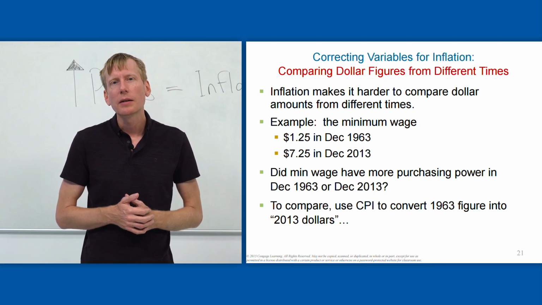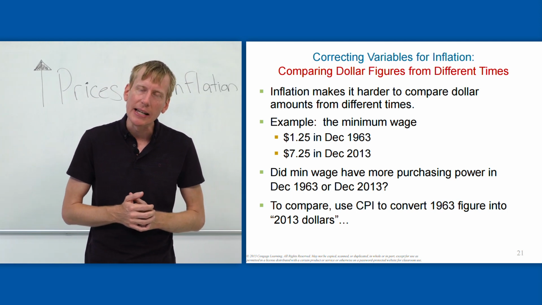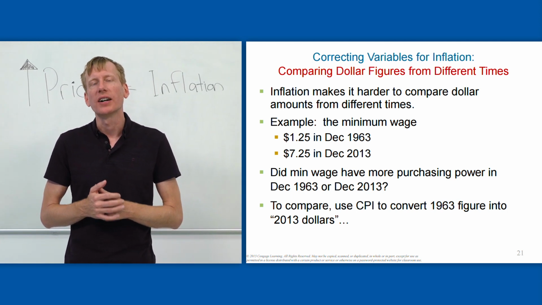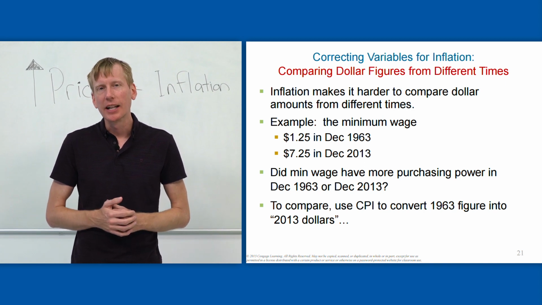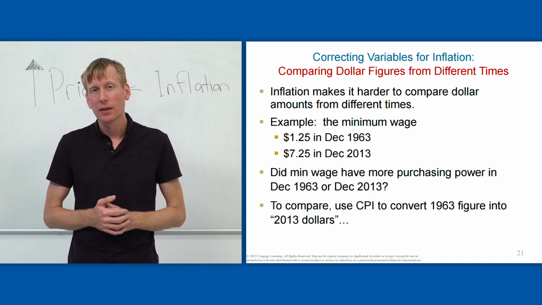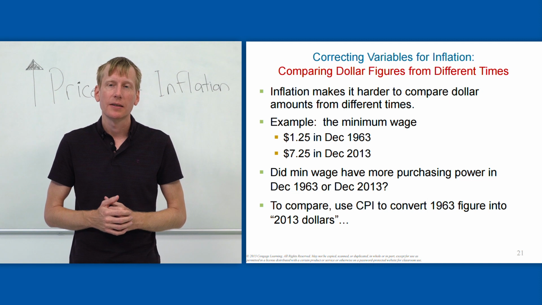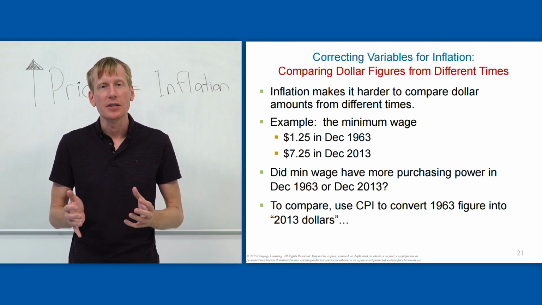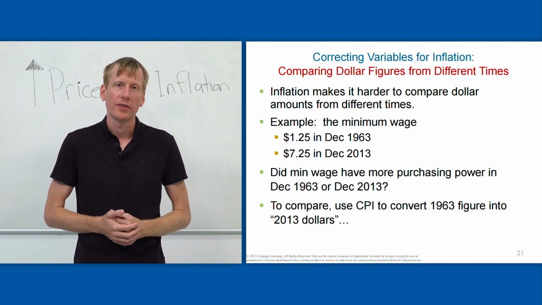As an example, here the minimum wage in the United States in 1963 is $1.25. And the minimum wage 50 years later, as of 2013, is $7.25. Obviously, $7.25 is much higher than $1.25.